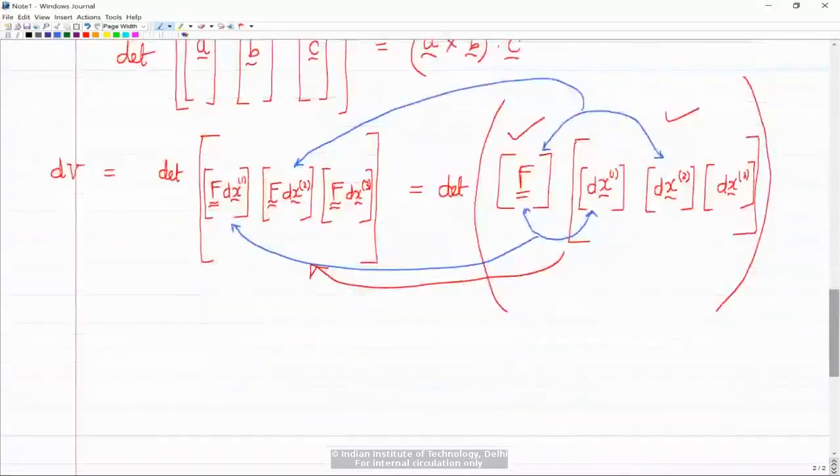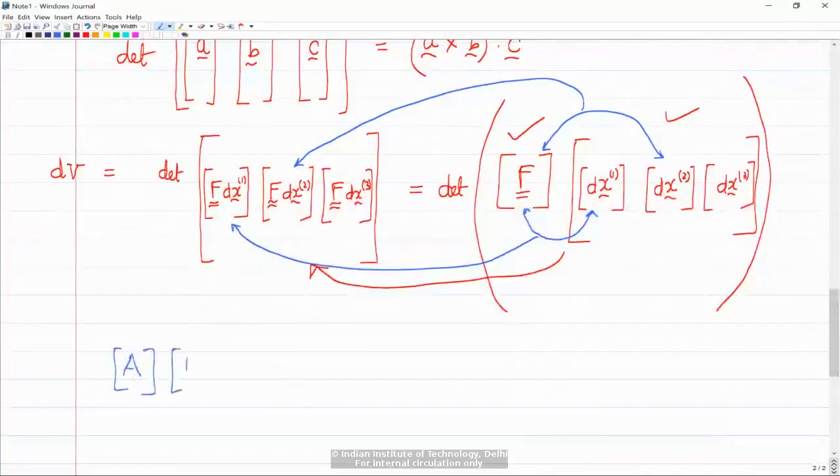So think of two matrices, okay? A and B. And the product is C. Then what is Cij?